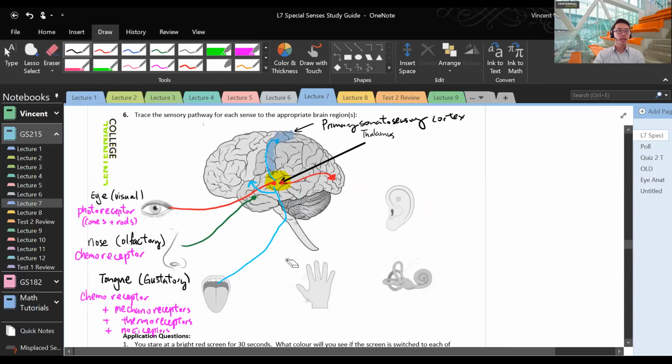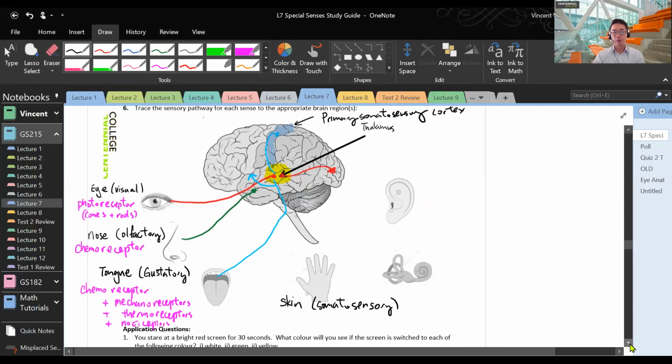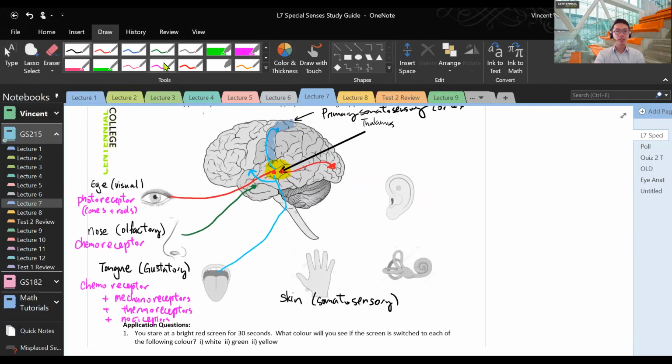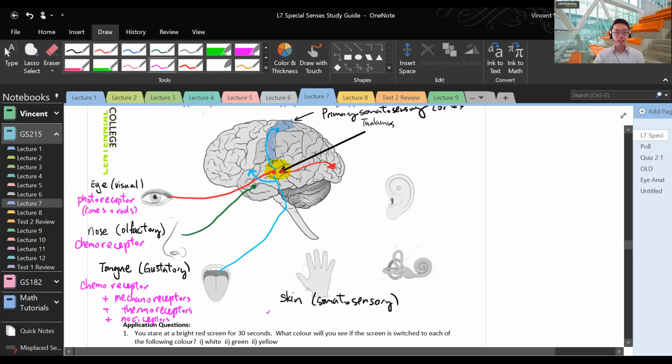Next we have the skin. These are somatosensory information, like the pain, the pressure, all those things. So of course we have the mechanoreceptors, basically all these things.